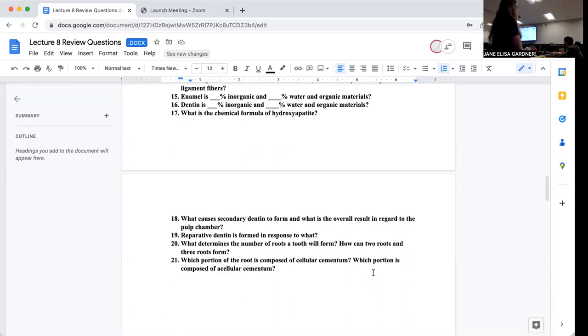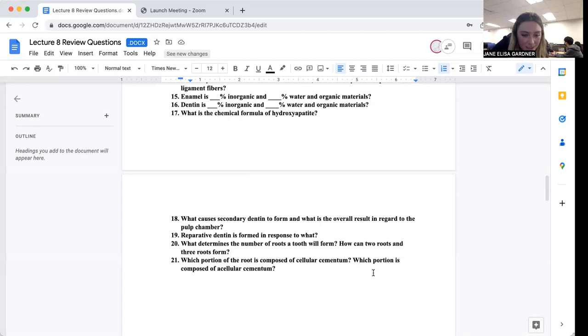So what do you think that would do to the pulp chamber if they grow a little bit more? If you imagine their little tails getting longer, then they push more into that pulp chamber, making it smaller.